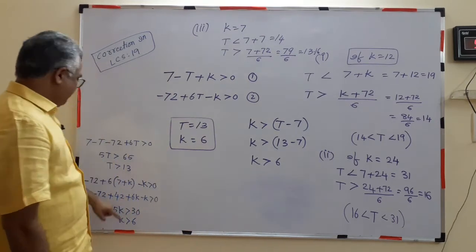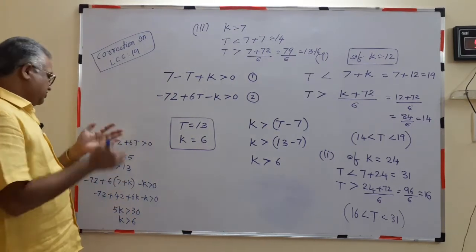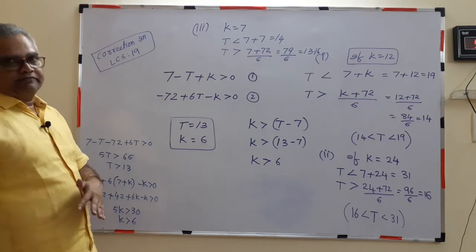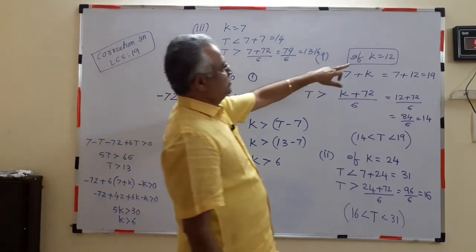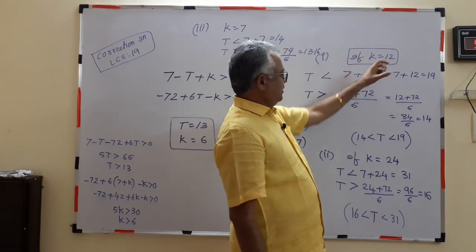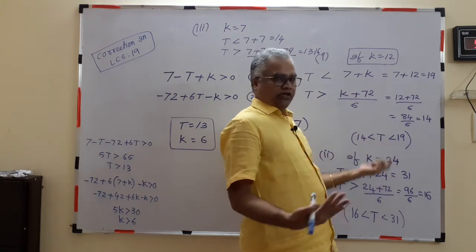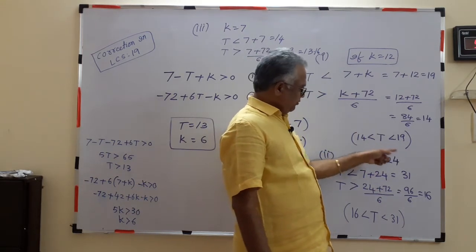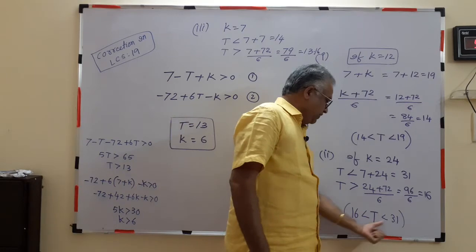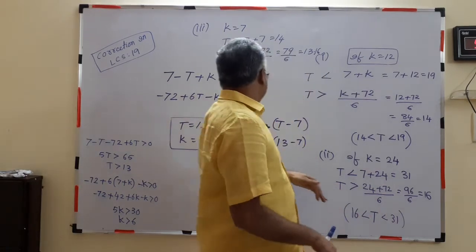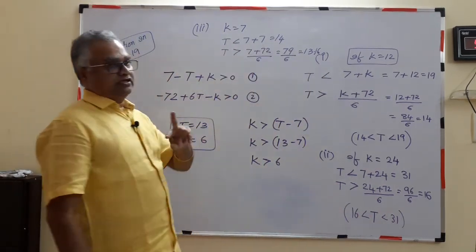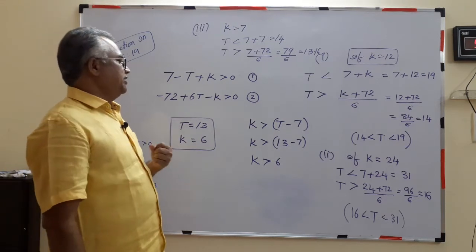So it is not independent, k depends on t, t depends on k. So if you fix k at 12, any value within this range you can choose. If you take k equal to 24, any value of t within this range you select, then only both the conditions are satisfied simultaneously.